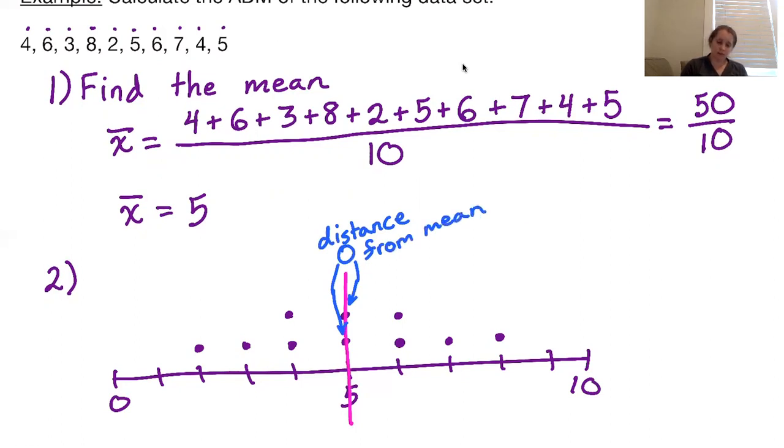Then the next 2 points, going from 5 to 6, we're just going 1 away. And distance between 4 and 5 is also 1. So these 2 points here, as well as the points over here, are all distance 1.